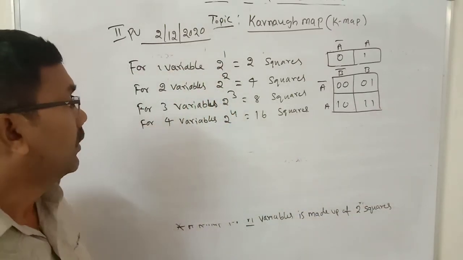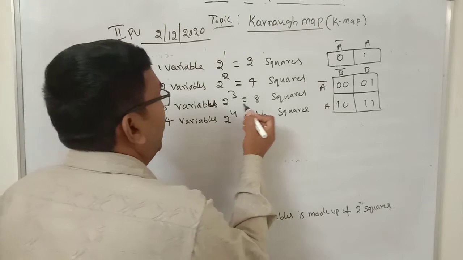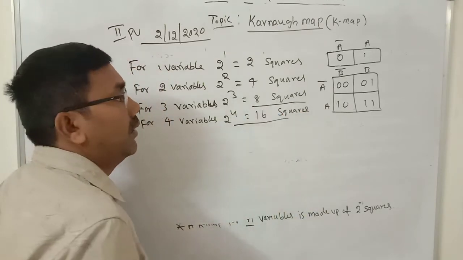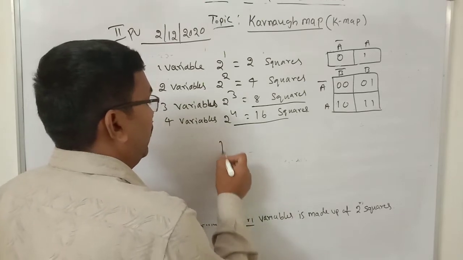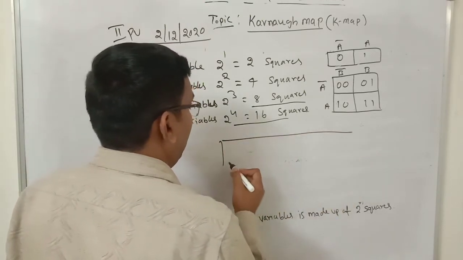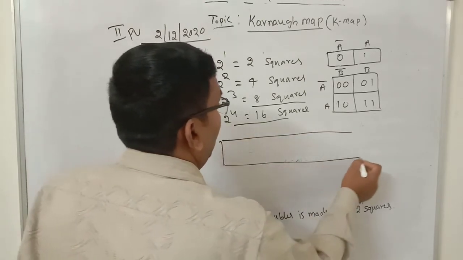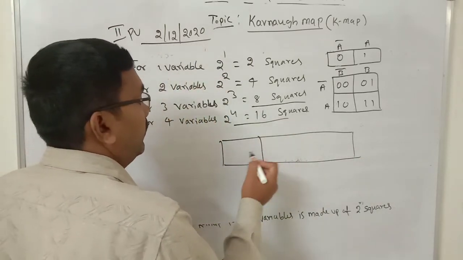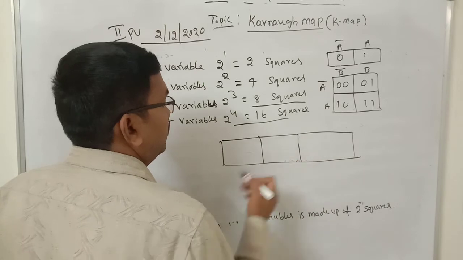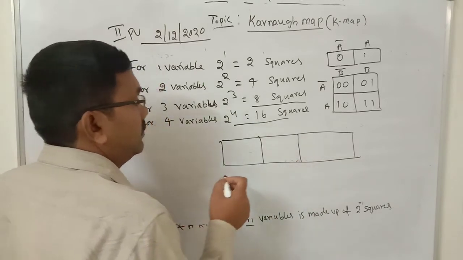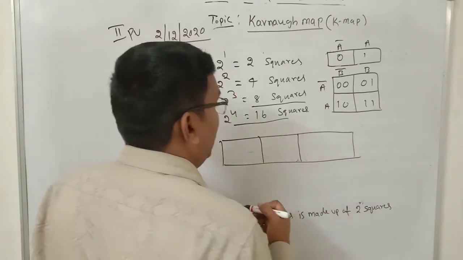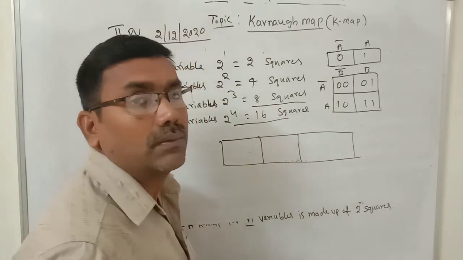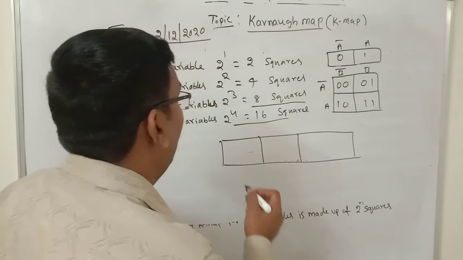Similarly you can discuss for 3 variables and 4 variables. 8 squares, you can write like this. One, two, three, 8 squares you can put.